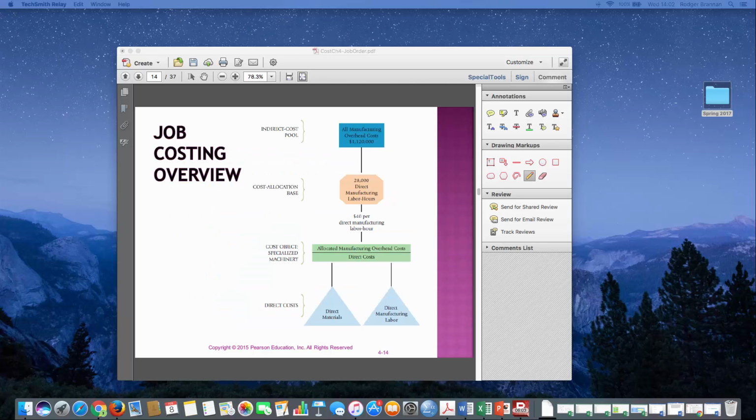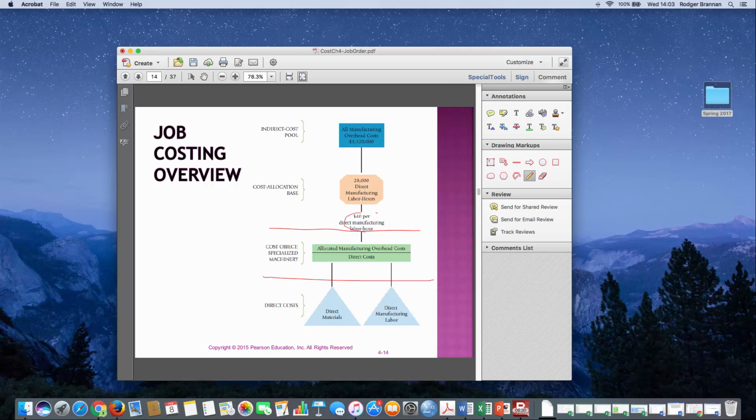All right, throughout the text, there are several of these nice little diagrams. The job itself, which is the green rectangle here, is made up of basically my overhead that I'm going to allocate to it. The overhead is determined by taking the budgeted amount of 1.12 million divided by the budgeted amount of direct labor hours.